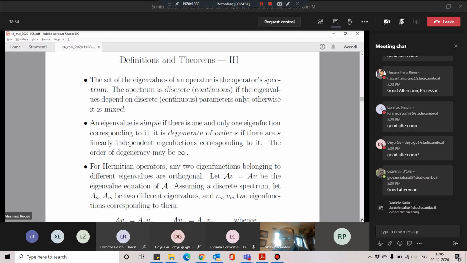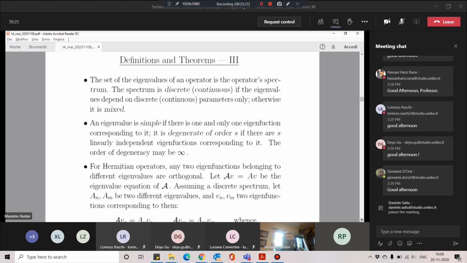We also observed that in the case of the box, there is a one-to-one correspondence between the eigenvalue and the eigenfunction. In this case, the eigenvalue is called simple, whereas in the case of the free particle, the eigenvalue is degenerate of order 2, because there are two linearly independent eigenfunctions corresponding to the same eigenvalue.